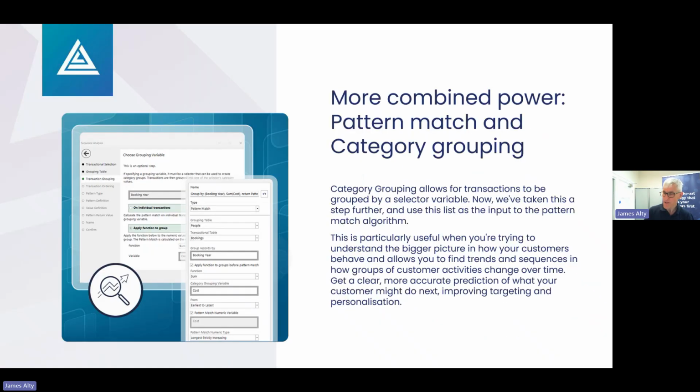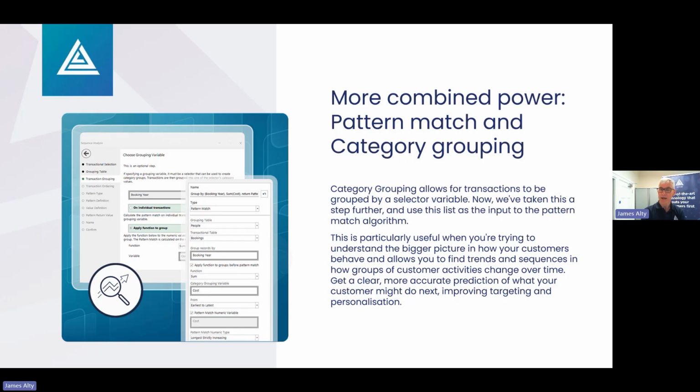Let's have a quick look at FastStats. This is the one I'm going to show you. The pattern matching has now been combined with category grouping, so we can group items and then aggregate within them and use the pattern match against the aggregated values. That is, as Chris Rowe, our lead developer in this area, put it, bringing together the two most powerful capabilities in the on-the-fly aggregations: pattern matching and aggregation grouping.